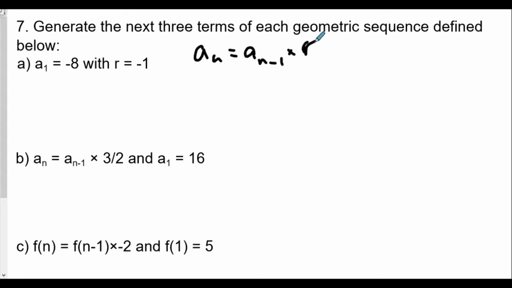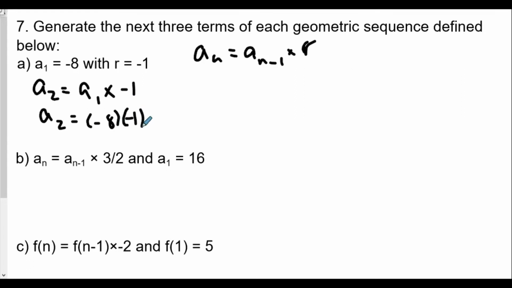Here, for the next 3 terms, we know a1 is equal to -8, and r is -1. Therefore, a2 will equal a1 times r. Oh, I got mixed up there, so sorry about that. So yes, r is -1. So I have -8 times -1, which is +8.